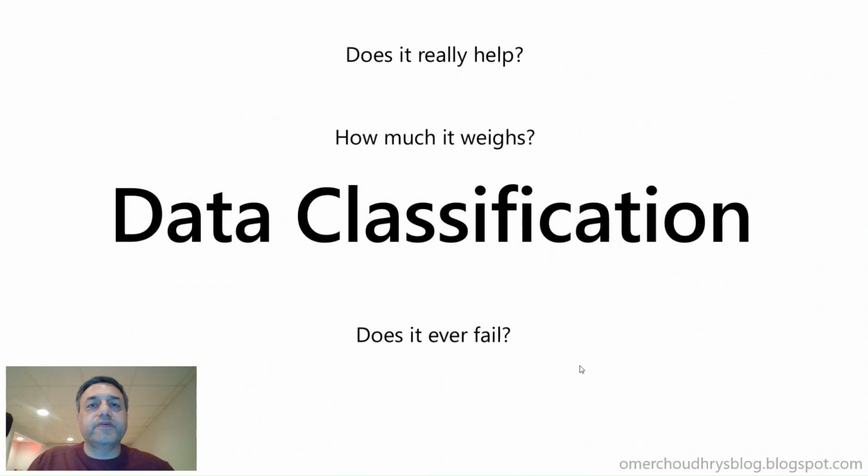So, a data classification solution is most of the time not part of the DLP solution, but it helps a lot. It can help the DLP solution by adding tags onto the document. So DLP does not have to look into the document, examine the content, and make a decision based on the DLP policies.